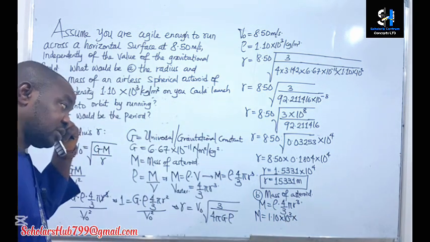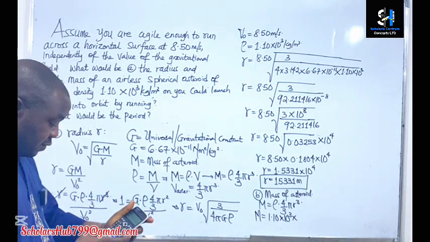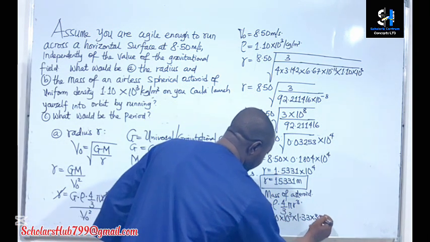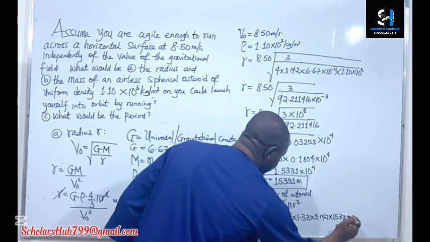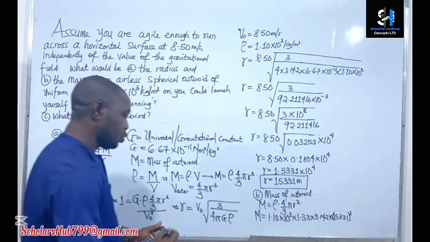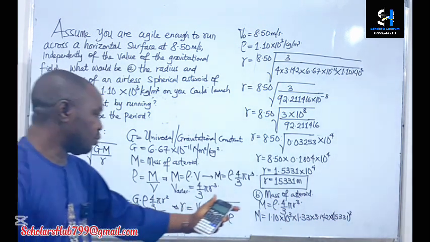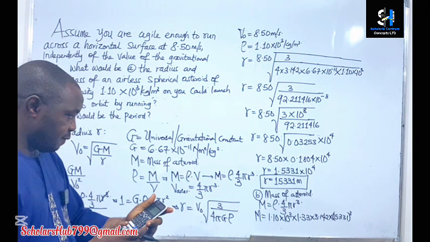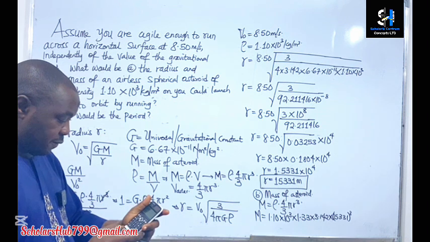Now 4 divided by 3 is 1.33. So this will be 1.33 multiplied by 3.142, then we calculated the radius to be 15331, then cubed. So let's just multiply all of that.